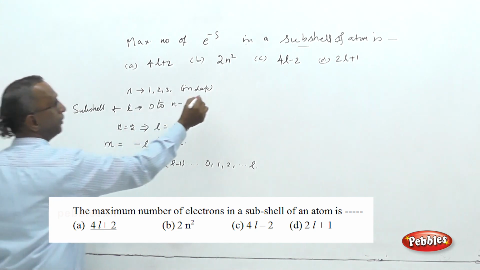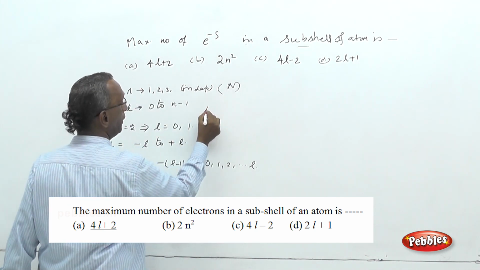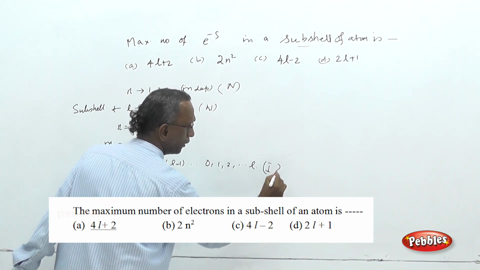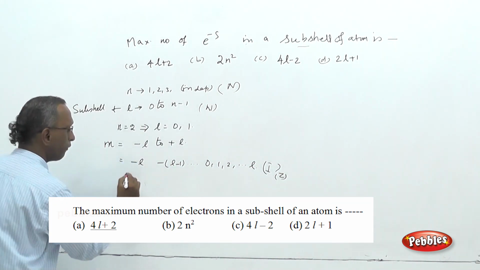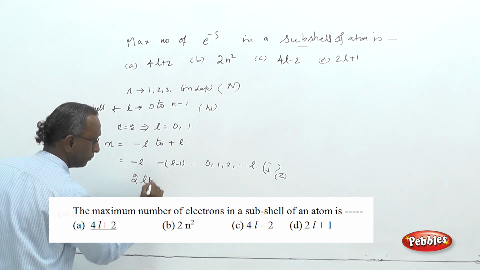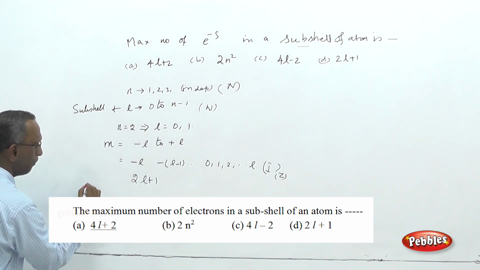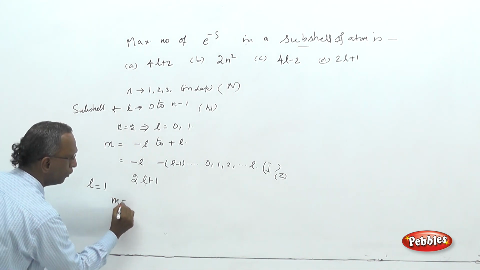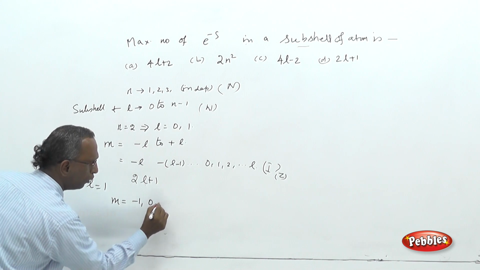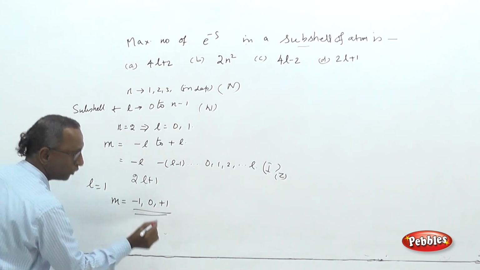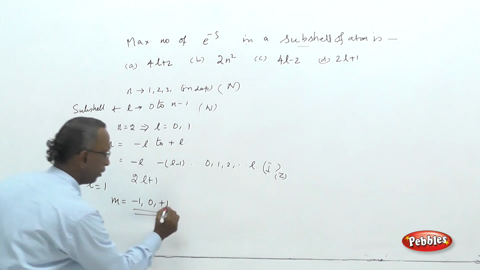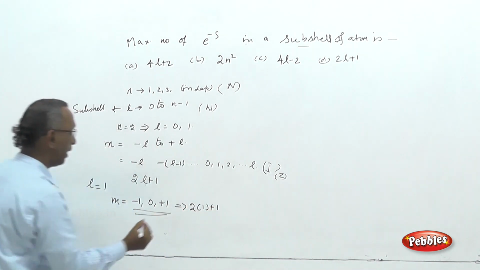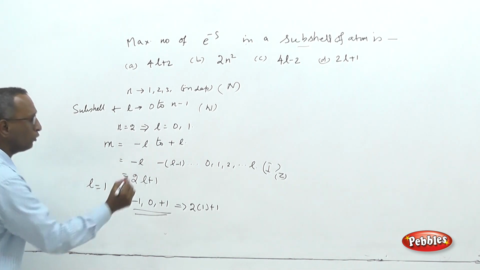Natural numbers start from 1, whole numbers start from 0, and integers are denoted by Z. So the total number of values will be 2l plus 1. Let us give an example. If you put l equal to 1, m equals minus 1, 0, plus 1. There are 3 values, which is nothing but 2 into 1 plus 1, that is 2l plus 1.